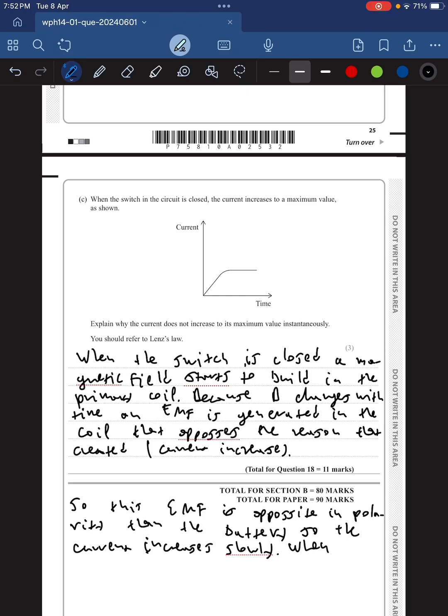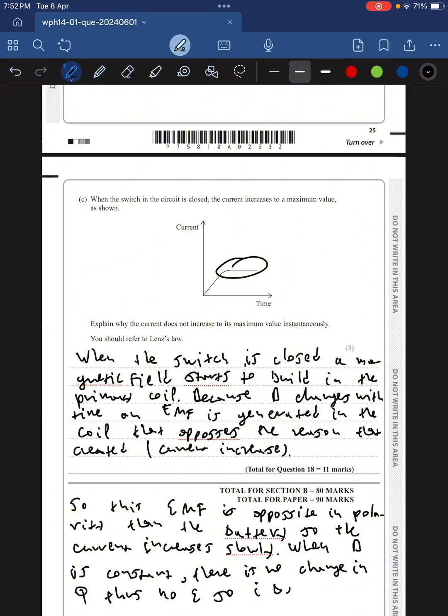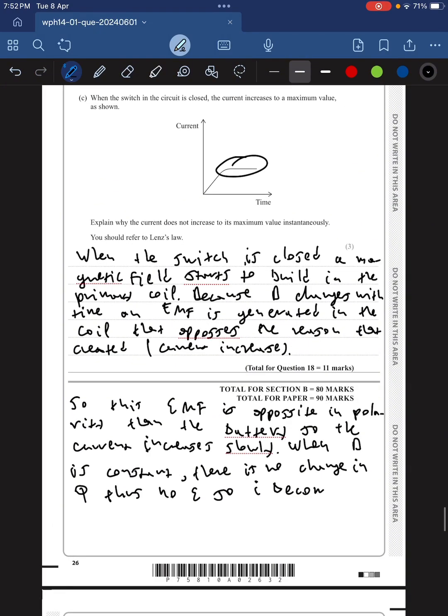When B is constant, there is no change in phi. Thus, no EMF, so I becomes maximum.